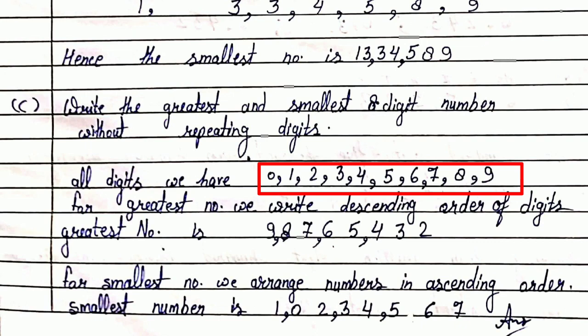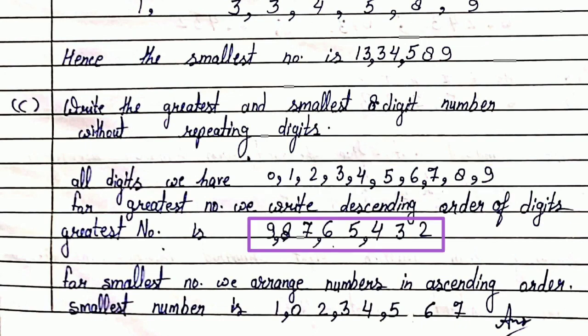For the greatest number, first we arrange all the digits in descending order. So the descending order will be 9, 8, 7, 6, 5, 4, 3, 2, and because it says 8 digits only should be there, till 2 we will write. So now the greatest number will be this.